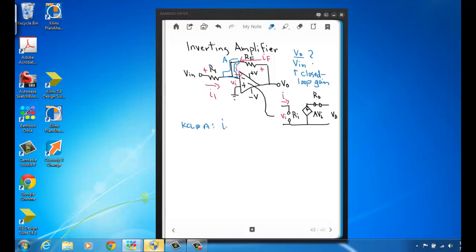So we have I1 plus IF, and then that equals this current here, I, which is right at the input of the op-amp.